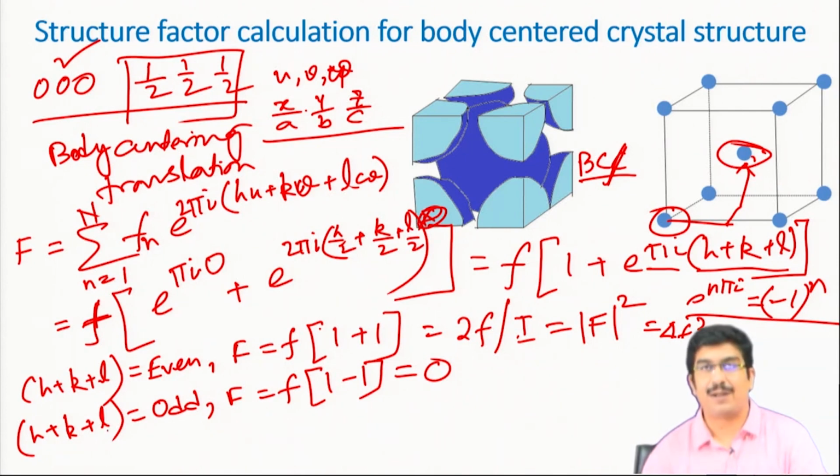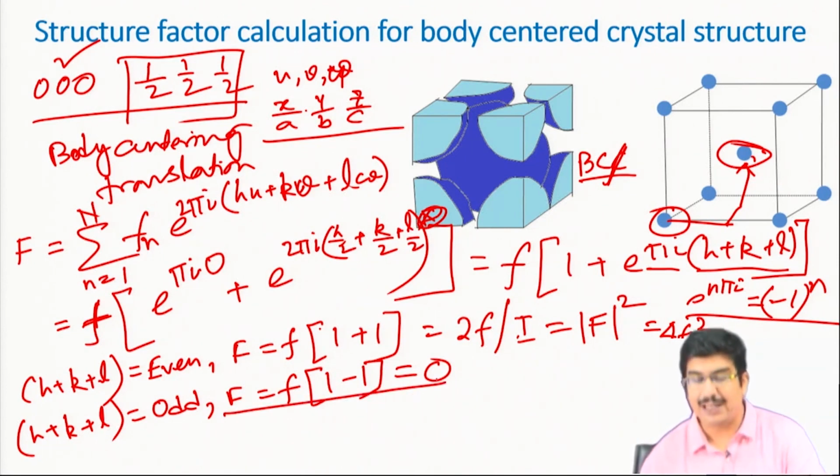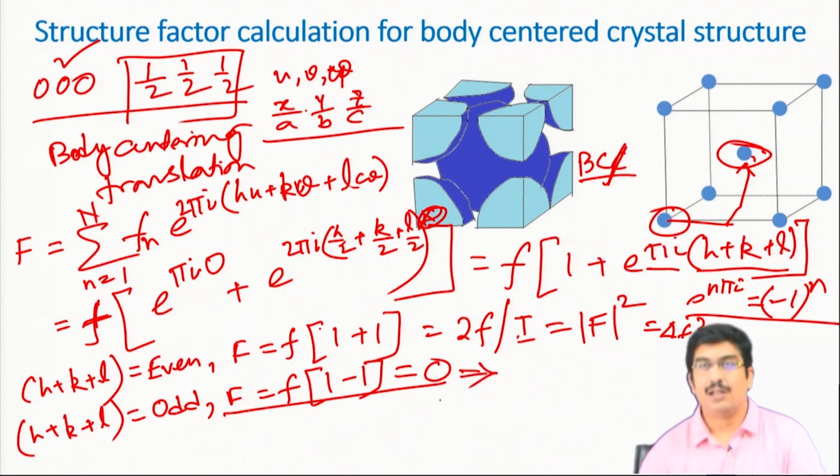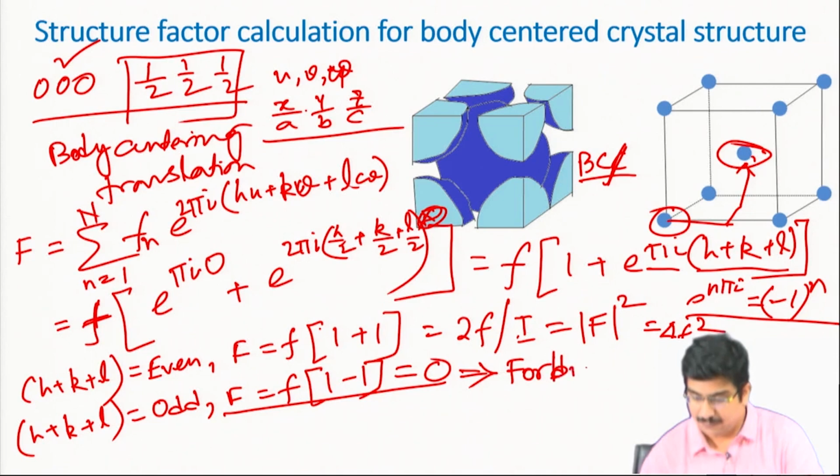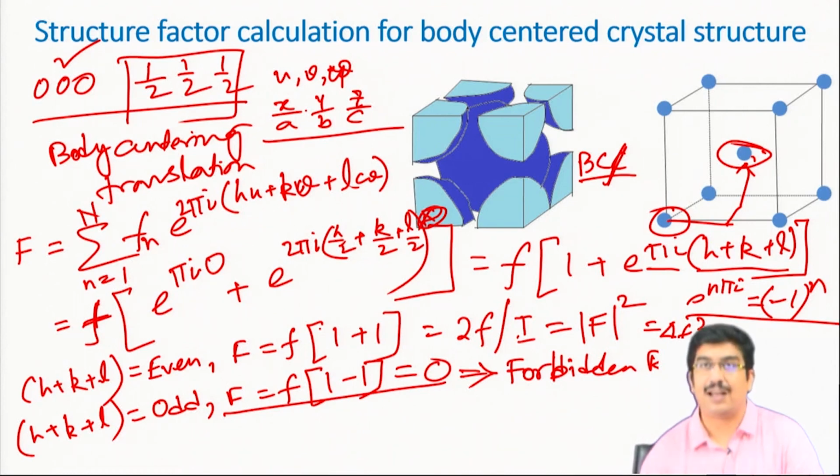If h plus k plus l is odd, then we are not getting any intensity for that particular atomic plane, and this kind of planes which do not give us any intensity because of the structure factor restriction are called forbidden reflections. These reflections are not possible.